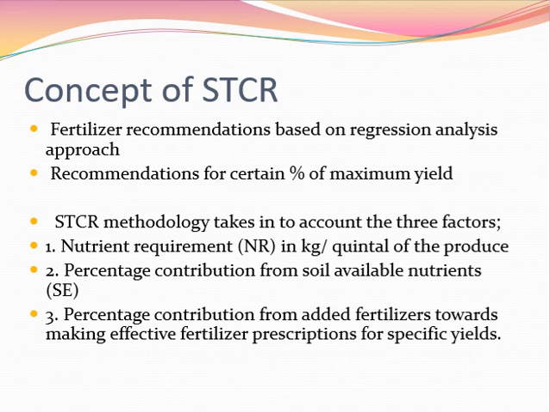Okay, I think you have understood the concept. This is purely a recommendation based on regression analysis approach and a recommendation for a certain percentage of maximum yield. That is, we have increased the yield up to 50%.